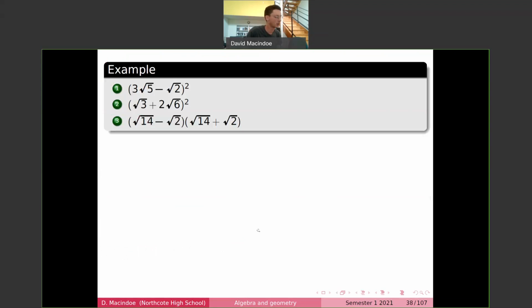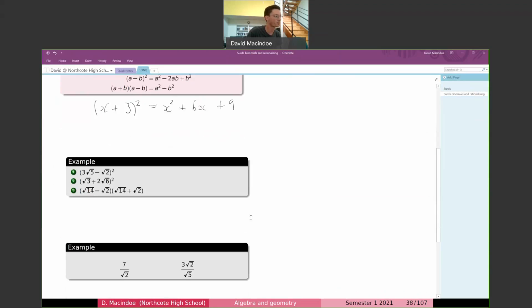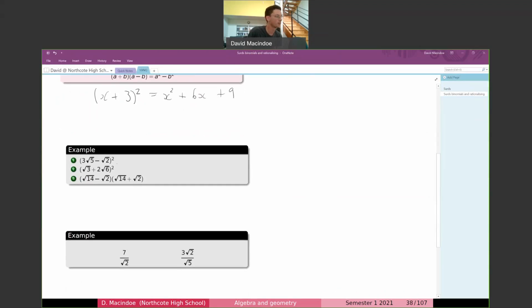Okay, so let's do a couple of these examples where we're actually using surds. If we're using the patterns, with this first one it's the first thing all squared, so 3 squared is 9, root 5 squared is 5, so we're going to get 9 times 5 at the front. And it's negative in the middle, so it's minus 2 times the first term times the last term.